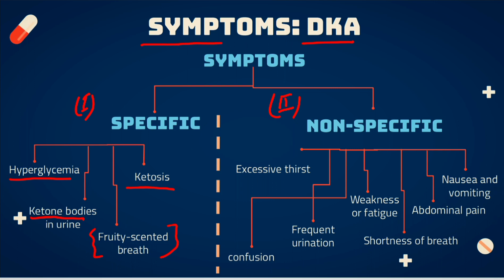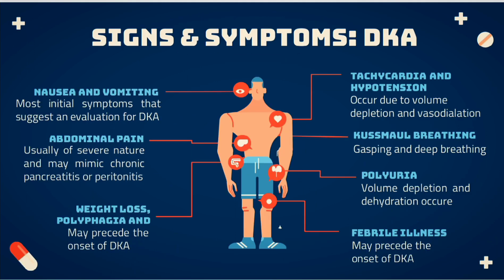Let's see some non-specific symptoms which appear in DKA. They include excessive thirst, confusion, frequent urination, weakness or fatigue in the body. There will be shortness of breath, abdominal pain can be there, nausea and vomiting can be there in a patient of DKA. Let's discuss the signs and symptoms in DKA.